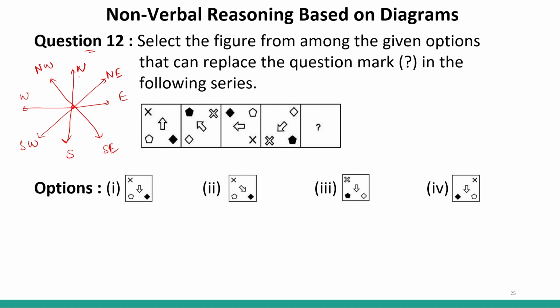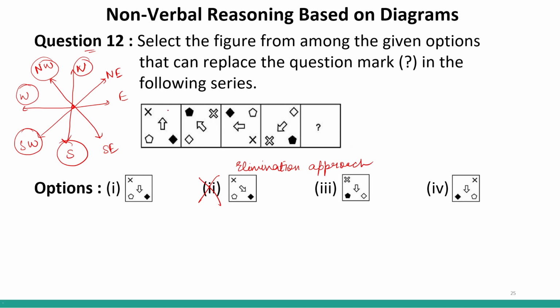Now if you look at the arrow, it is first at north, then at northwest, then at west, then at southwest. So clearly the arrow will be facing southward. So option number 2 is eliminated. This is the elimination approach. Correct?